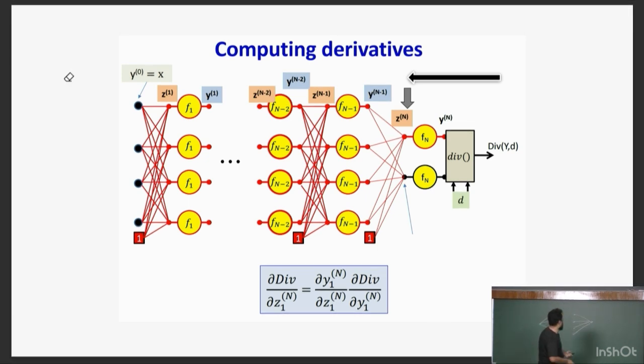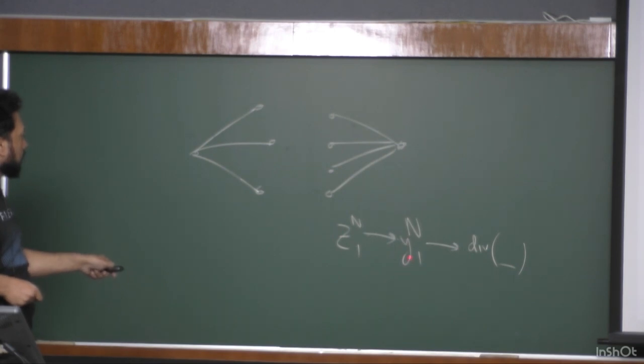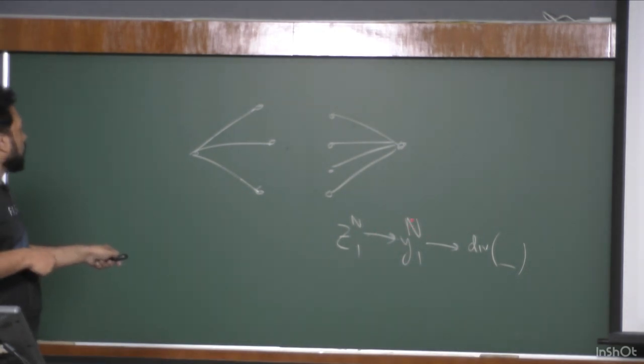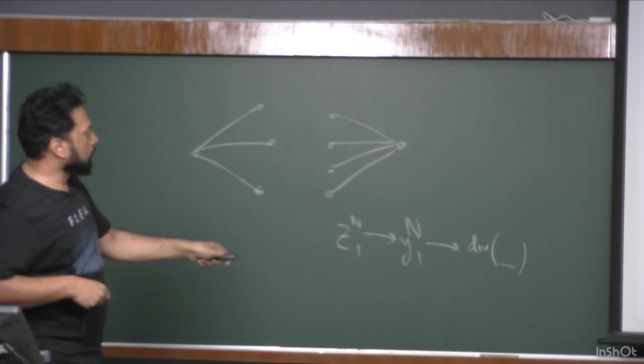So we have yn1, and that was the result of only zn1, no other thing, and this yn1 had an effect on the divergence loss. If I'm just focusing on the derivative with respect to zn1, then my dependency graph is like this: the derivative of the divergence with respect to yn1 times the derivative of yn1 with respect to zn1.